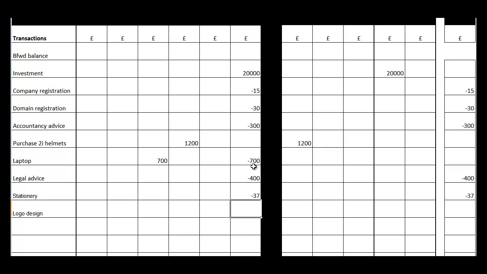And finally, we had our logo designed for £150. Again, this was paid for directly from the bank account and as a cost in the month. Now we have all of the transactions that have occurred for the month of April.